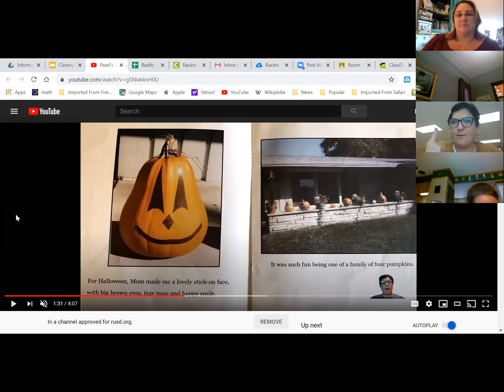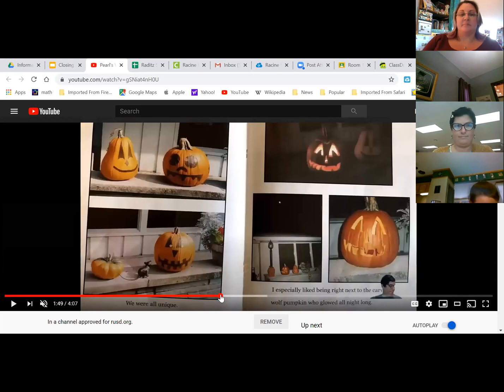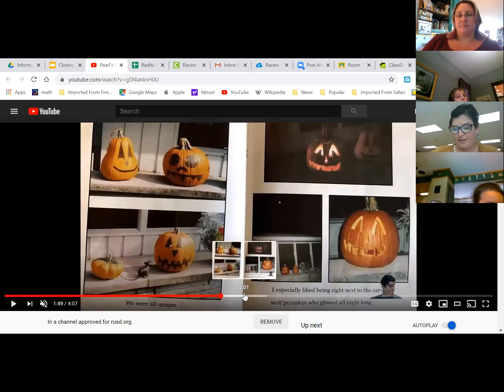Does it make you happy? Thumbs up? Thumbs down? Yeah, kinda. It was such fun being one of a family of 4 pumpkins. We were all unique. I especially liked being right next to the carved wolf pumpkin that glowed all night long.